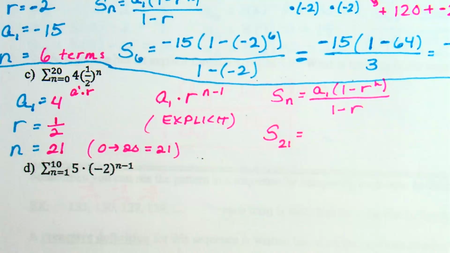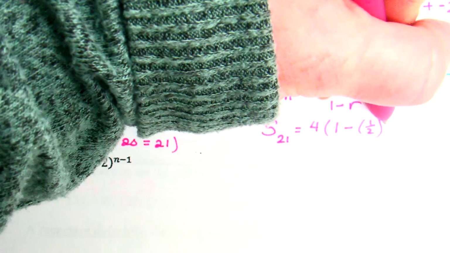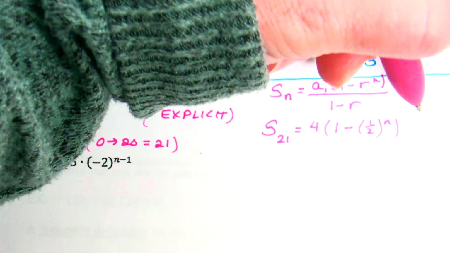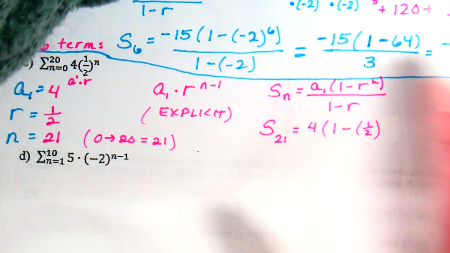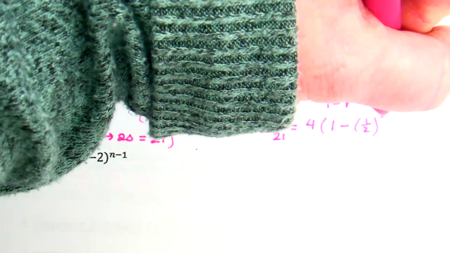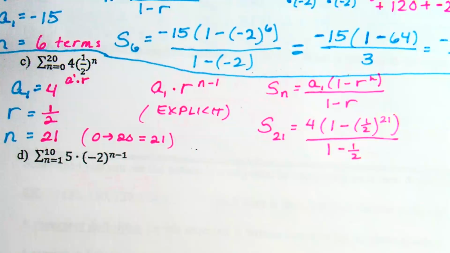And then on top, A of 1 was 4. 1 minus R to the n. So that's going to be 1/2 raised to the n. Oh, and what is n? 21. I just kind of forgot. We know n, don't we? I get so used to not knowing n. All divided by 1 minus R, which is 1 minus 1/2.